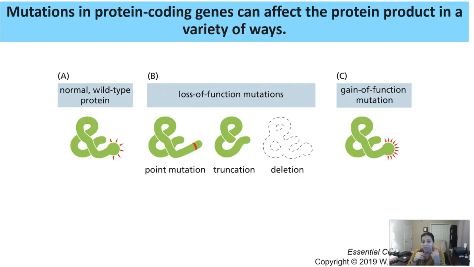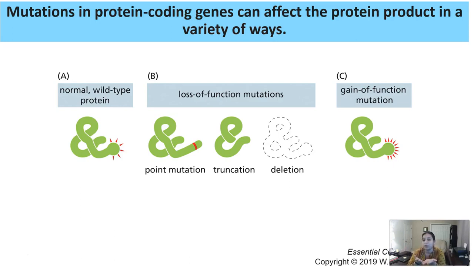The best case scenario is that it has absolutely no effect. Whatever the change was, it led to the same amino acid being placed in there or an amino acid with the same properties, so a positive for a positively charged one, basic for a basic one, acidic for an acidic one. In that case, you still get a normal wild type protein, the normal wild type phenotype, no change.